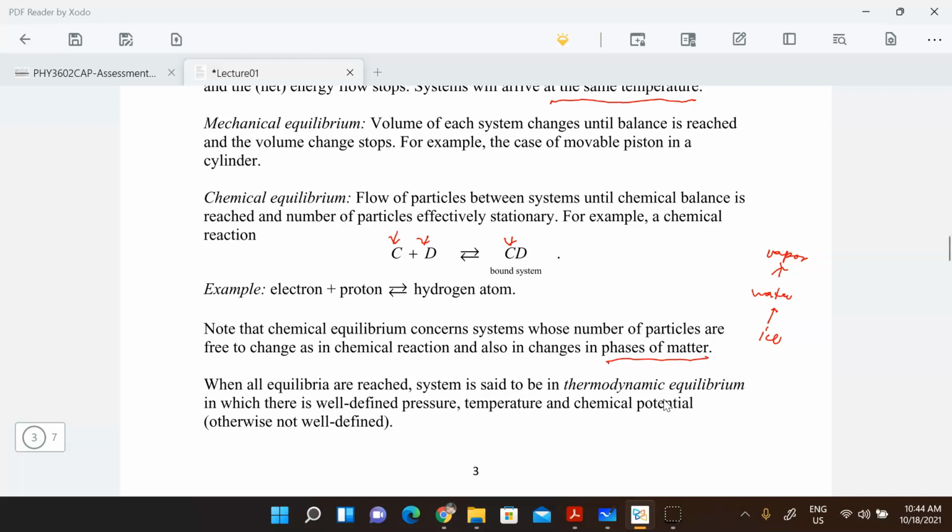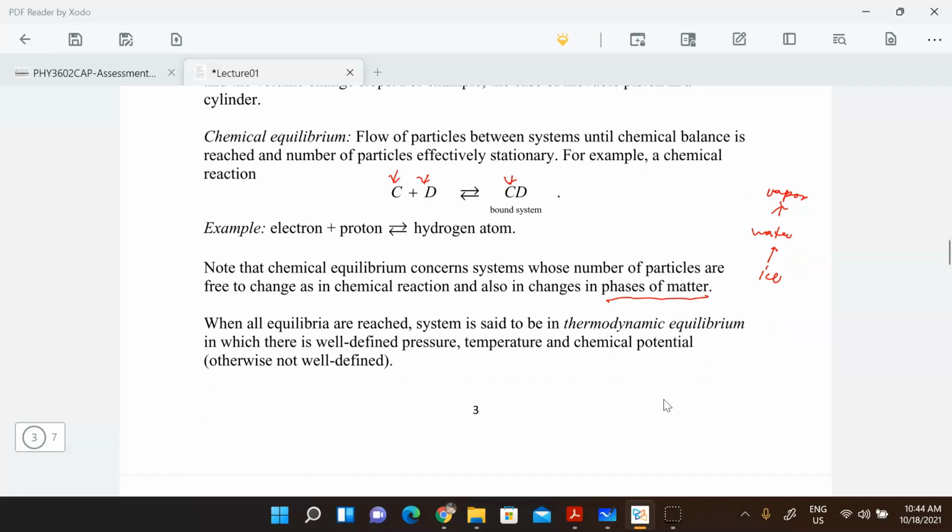So if all these three types of equilibrium are satisfied or reached, then we say that the whole system is now in thermodynamic equilibrium. Only in thermodynamic equilibrium can you actually talk about well-defined pressure of the system, well-defined temperature of the system, and well-defined chemical potential.